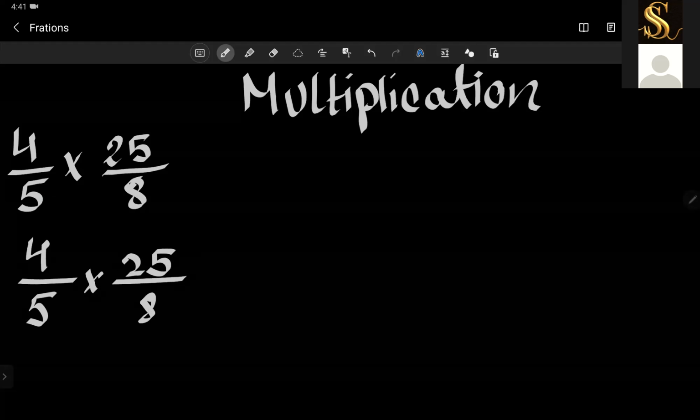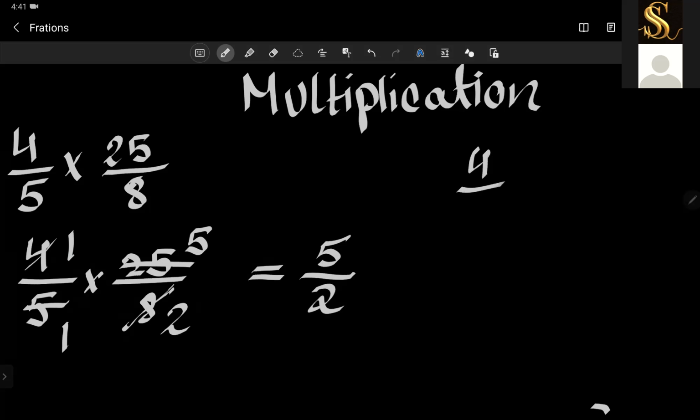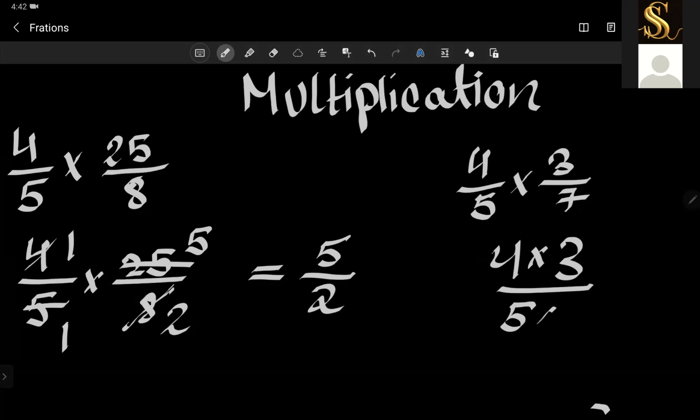But in other examples, if I see 4 upon 5 into 3 upon 7, none of these have the same factors. So we will not be able to cut any of them. So here we'll have to directly multiply 4 into 3 upon 5 into 7, which will give us 12 upon 35.